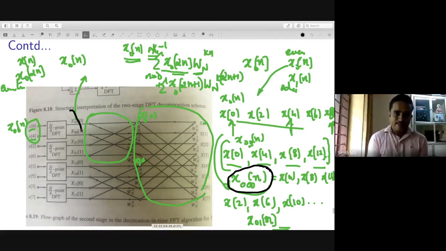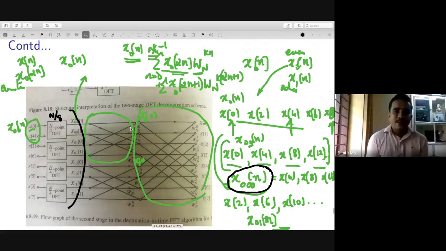This portion will again be split into two. So it will become an N/8 point DFT. N is basically 8, so this will become a 1 point DFT, and you have this multiplication.